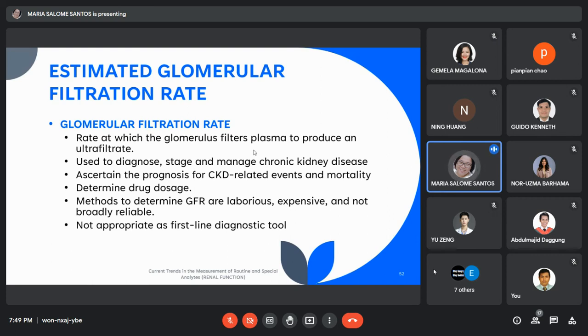It is used to diagnose, stage, and manage chronic kidney disease and ascertain the prognosis of CKD-related events and mortality. It is also used to determine drug dosages, and methods to determine GFR are laborious, expensive, and not broadly reliable. That makes it not appropriate as a first-line diagnostic tool.